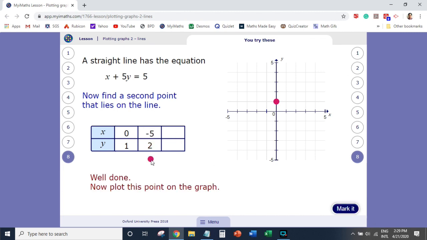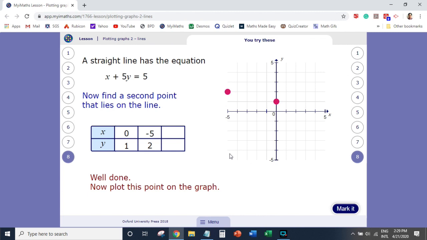Let's mark it first. So we're done. We have now -5, and then our y is +2 right here.